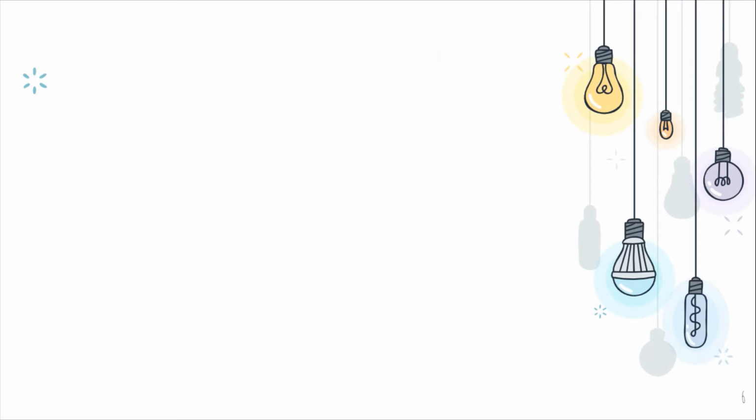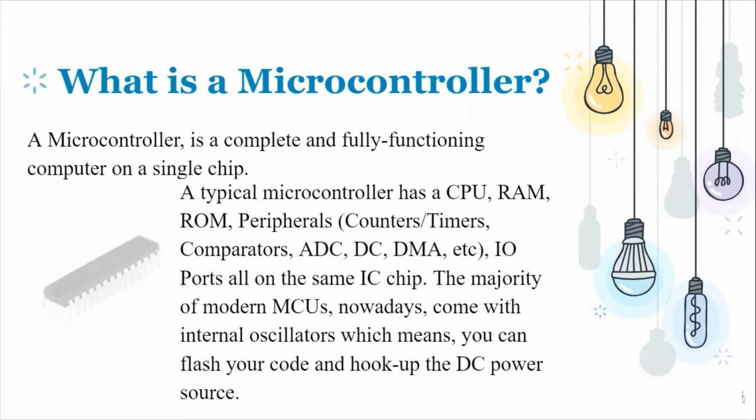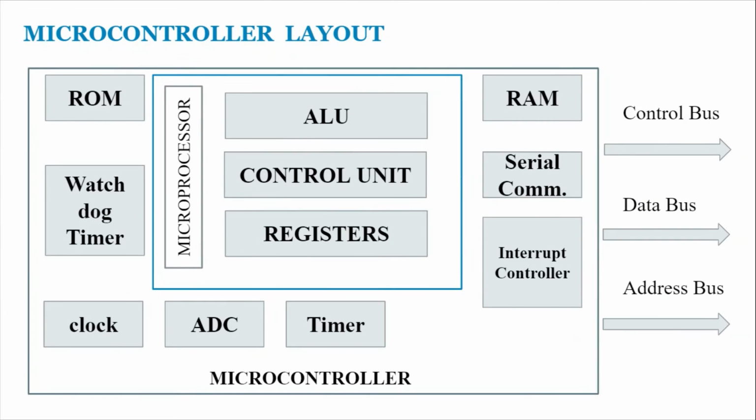So now, what is a microcontroller? A microcontroller is a complete and fully functioning computer on a single chip. A typical microcontroller has a CPU, RAM, ROM, peripherals, counter, timers, comparators, ADC, DAC, DMA, etc. I/O ports all on the same IC chip.